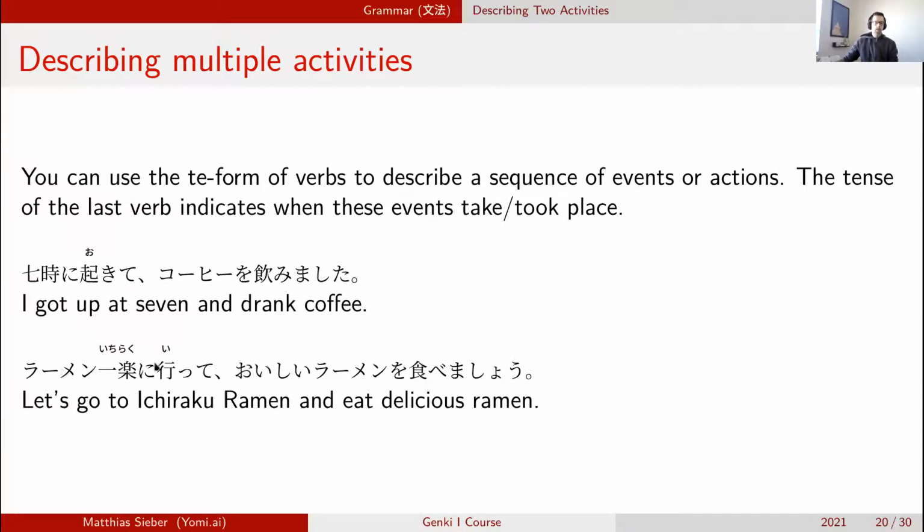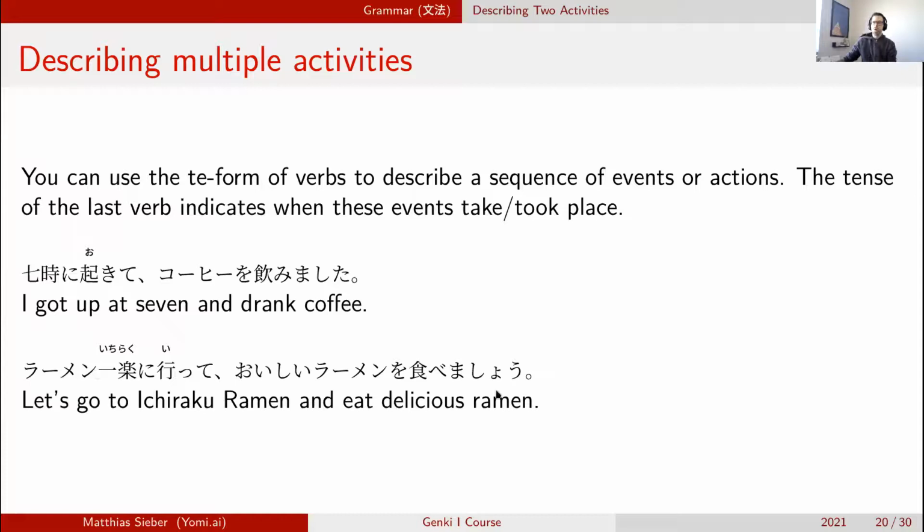But since the first part is also connected with the te form, this has to be translated together, because the mashou part in tabemashou indicates that the whole sentence is a let's do this thing.